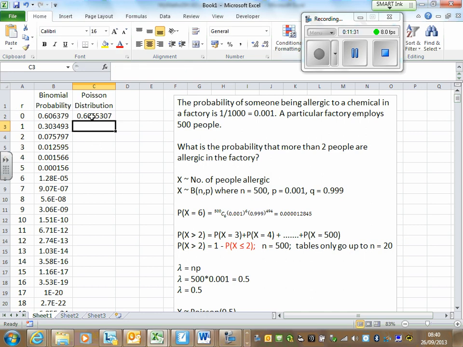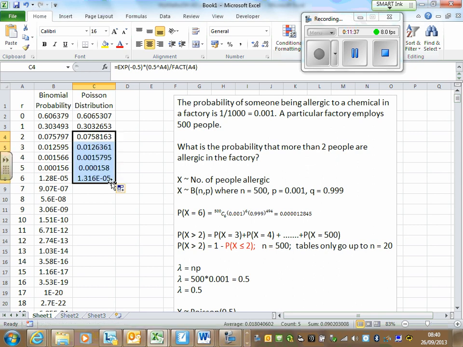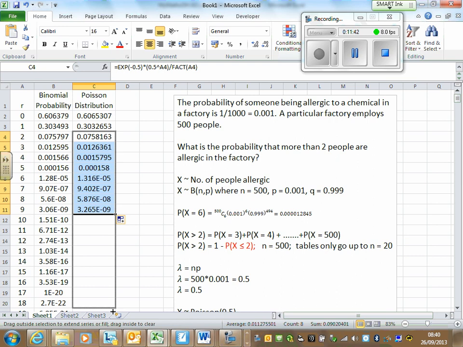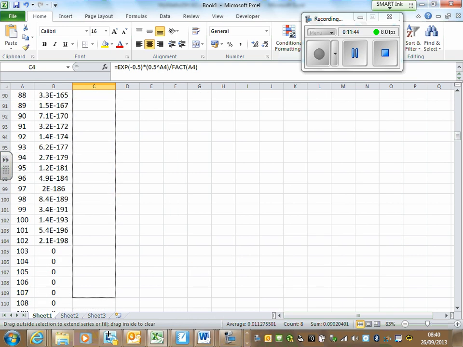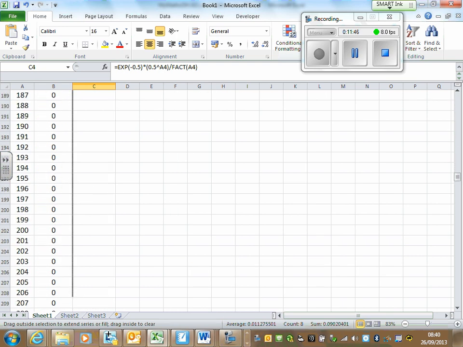Didn't need those extra ones. Now look how close they are. Happy as Larry. They are looking very, very nice here. Look at that. They all look similar. The Poisson is a good approximation for the binomial in this case.